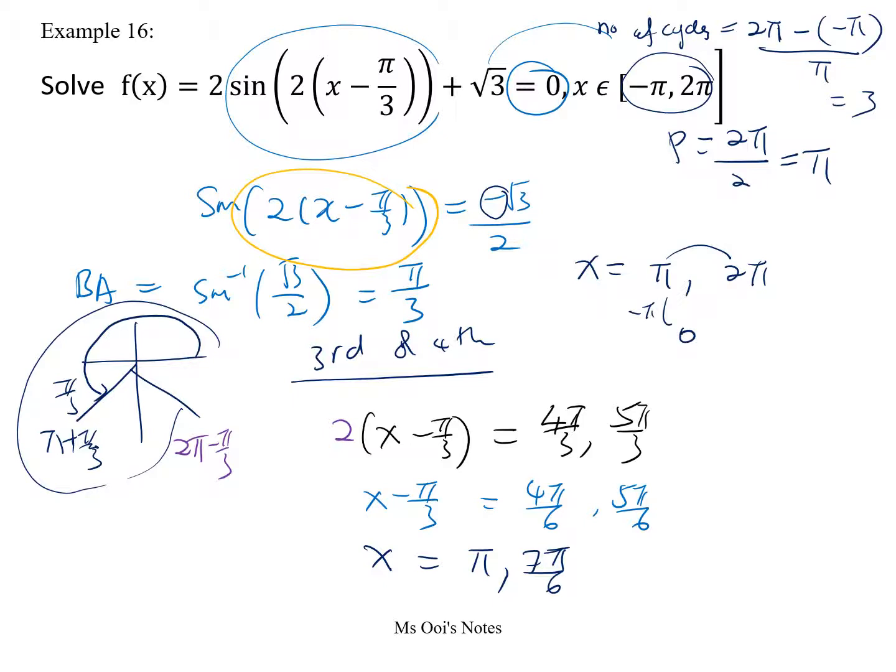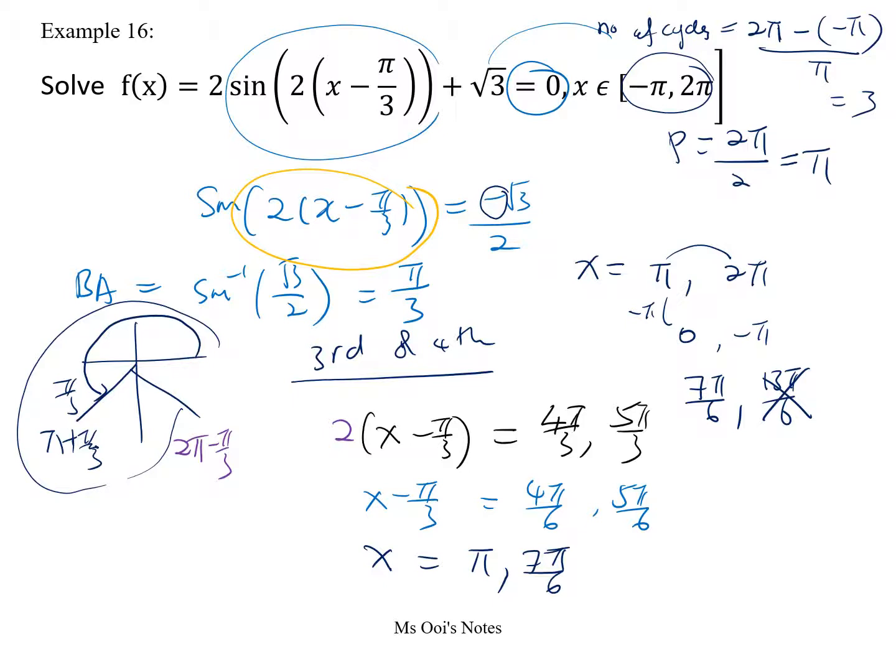Take away pi again, that will give me negative pi. I can't minus another pi, that'll be outside the domain. So now the next answer is 7 pi over 6. If you add pi to that, that's going to give you 13 pi on 6, which is outside the domain because 2 pi is 12 pi on 6.